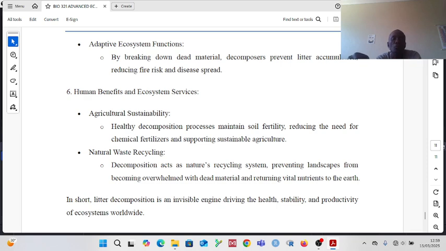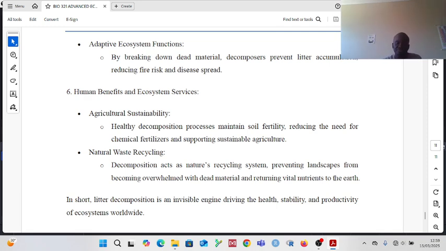So we will need to apply fertilization to the earth constantly. But if we are able to decompose, then we don't need to apply chemical fertilizers because vital nutrients present in the litter can be returned to the earth. Then as we plant, the earth is now able to support the plants that we are giving out.